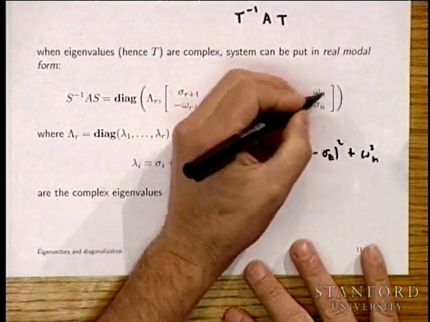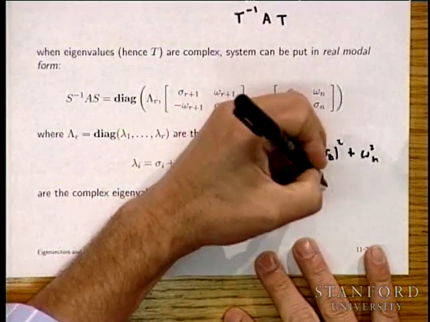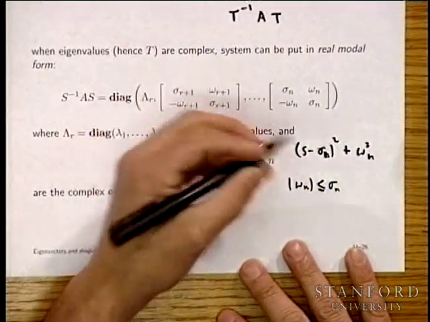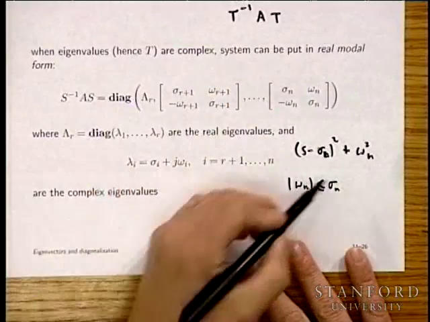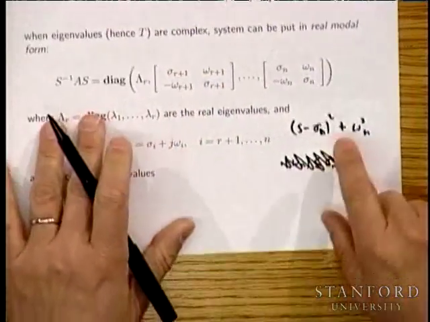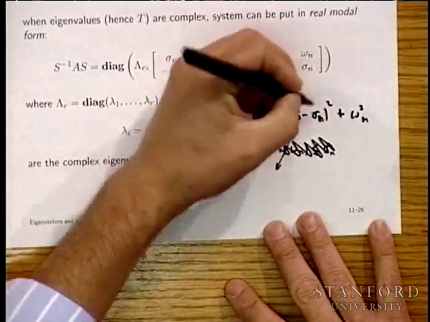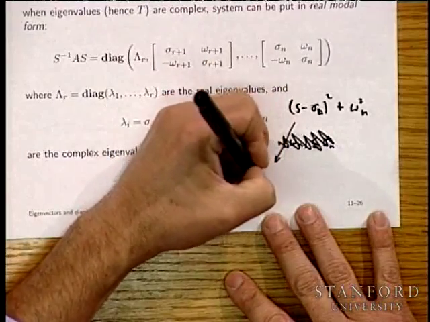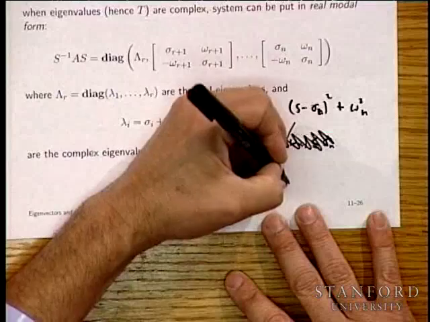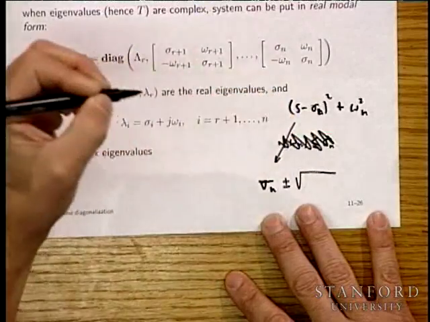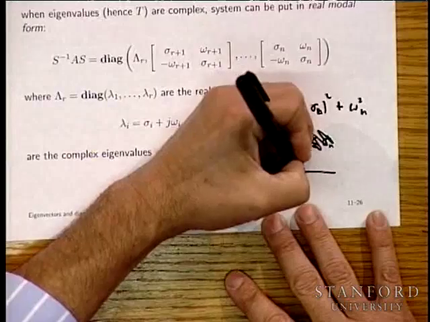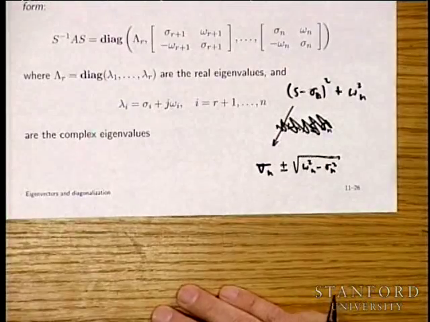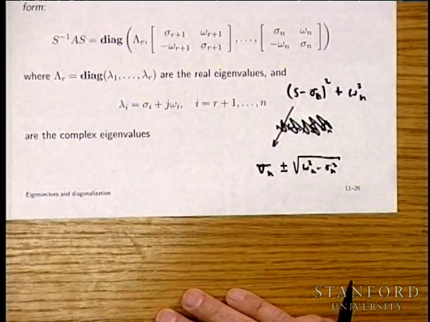Now, assuming here that omega is less than sigma, I believe that's the condition here. Oh, sorry, absolute. Nope, sorry, let me keep this out of here. The roots of this thing are going to be sigma n plus or minus the square root of, let's see, I guess it's omega n squared minus sigma n squared, something like that. Okay, so that's what it's going to look like.